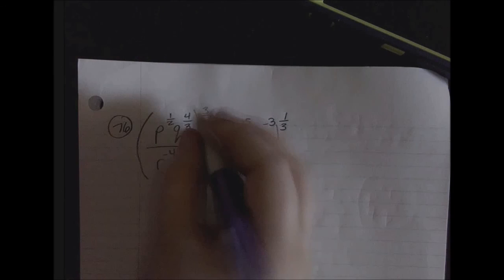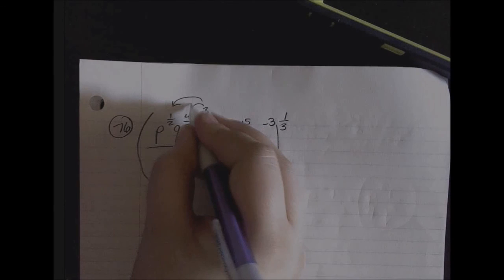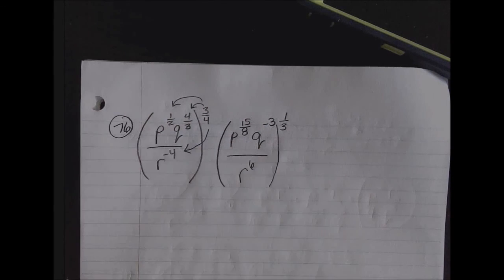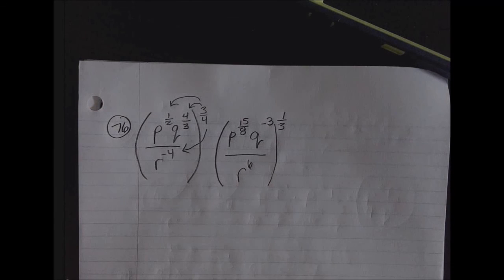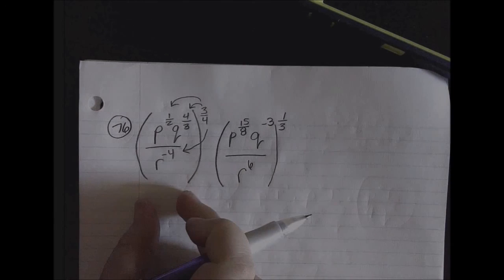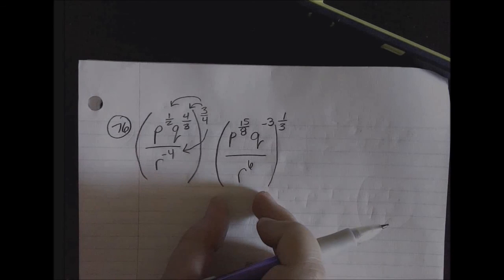So what I'm going to do is distribute this 3/4 into all of my exponents. I'm going to do this parentheses first, then this parentheses, so I'm going to take it a step at a time.